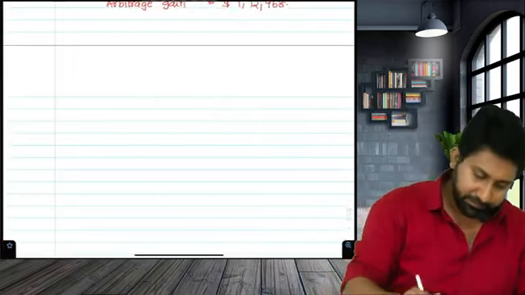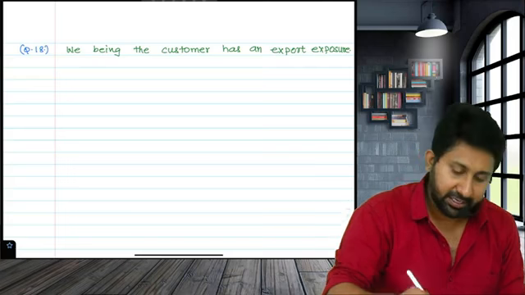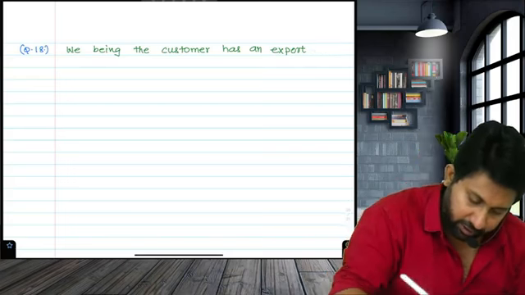Question number 18. First write down. We, being exporters, have an export exposure.